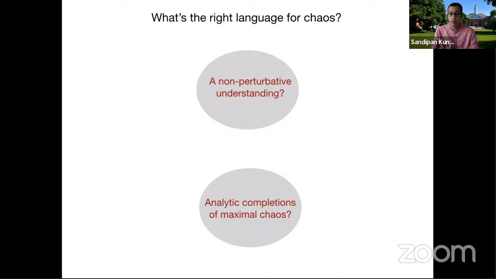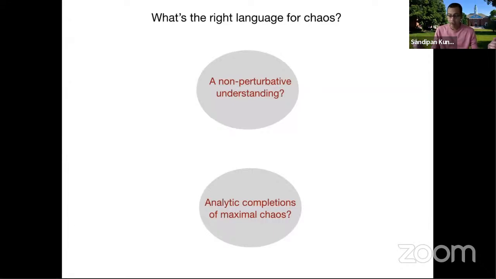However, the only way we can implement them or use them is by writing down some functional form of the OTOC or doing some kind of perturbative expansion of the OTOC. So we're still thinking about chaos in a very perturbative way. And because of that, even though we have this infinite set of constraints, we still don't know how to analytically compute maximal chaos.